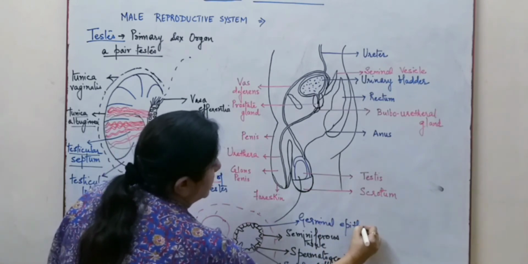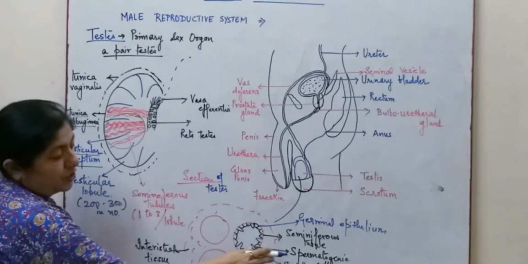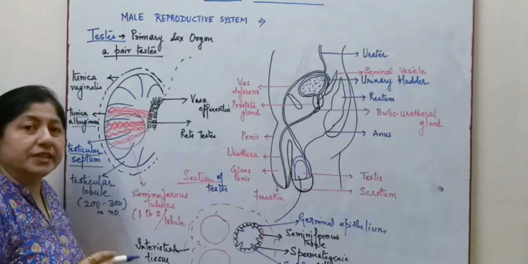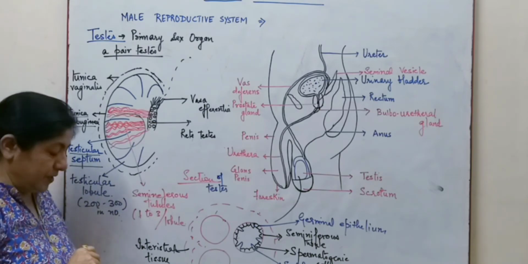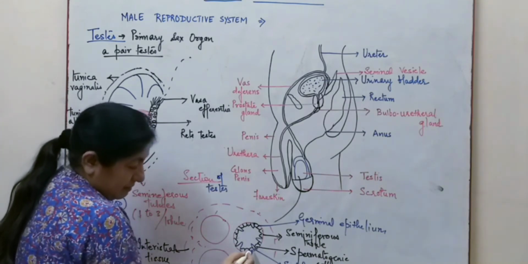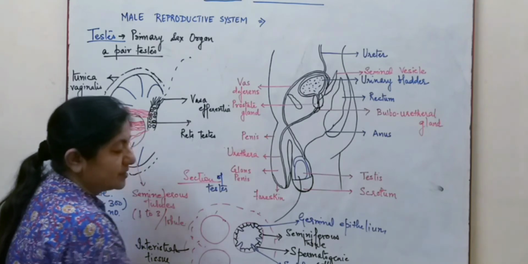This germinal epithelium has two types of cells: the cuboidal cells known as spermatogenic cells, which form the male gamete, that is the sperm, whereas the other type of cells, which are slightly conical, are known as Sertoli cells.